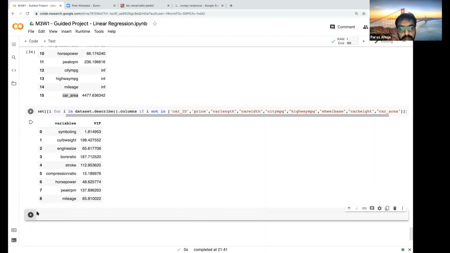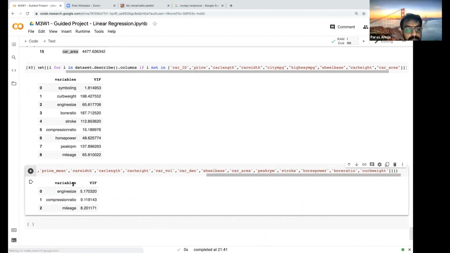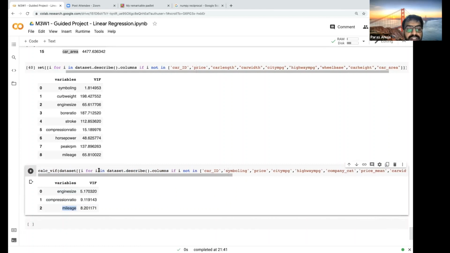In the interest of time, I'm not going through the complete exercise, but the same exercise has to be repeated, and finally you will come up with these 3 columns. These 3 variables are not dependent on each other, and they impact our price values: engine size, compression ratio, and mileage, based upon our VIF analysis.